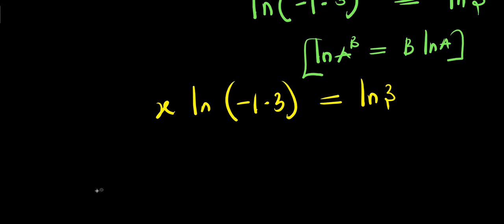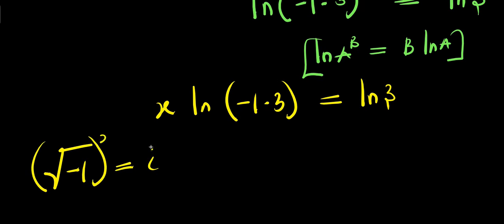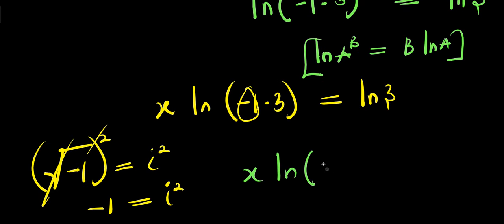Now remember, if you have square root of -1, this equals i. If you take the squares, this cancels this, so you have -1 equals i^2. Meaning this -1 here equals i^2. That means we have x times natural log of (i^2 times 3) equals natural log of 3.